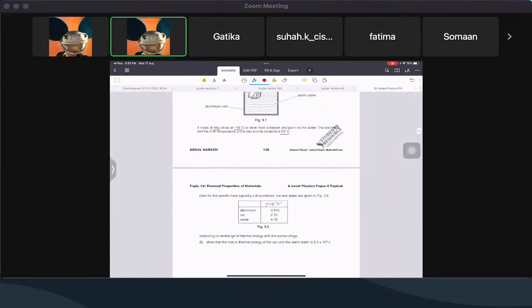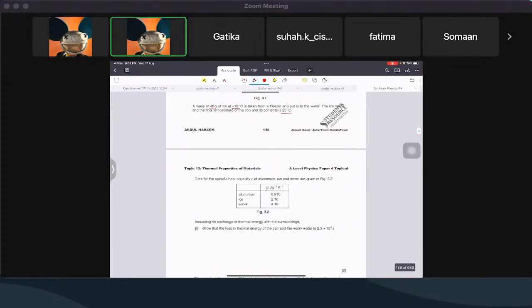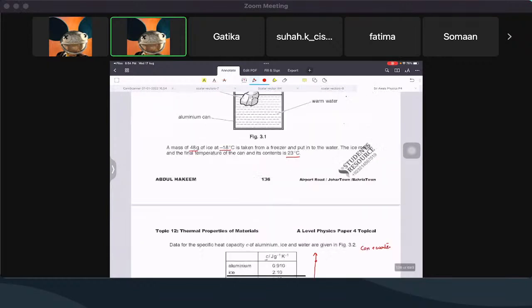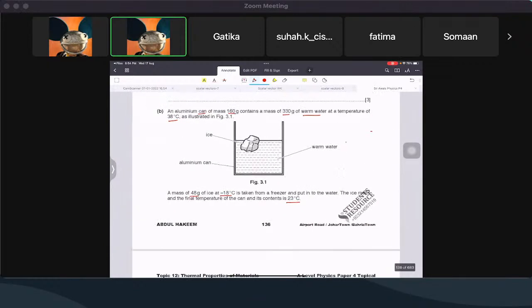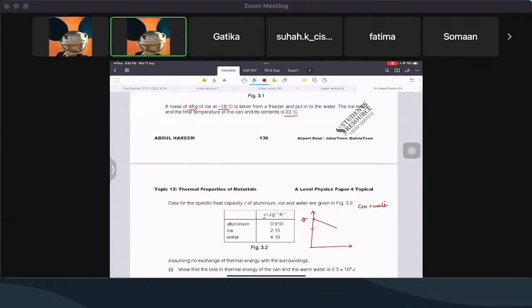So first of all, we need to draw the curves, right? So what's really happening here? This is for can and water. They start from 38 degrees and reduce to the equilibrium temperature, which is 23.